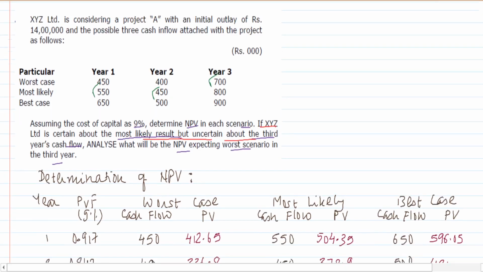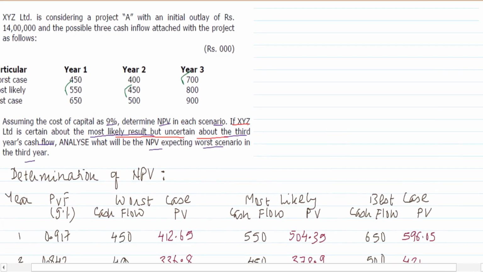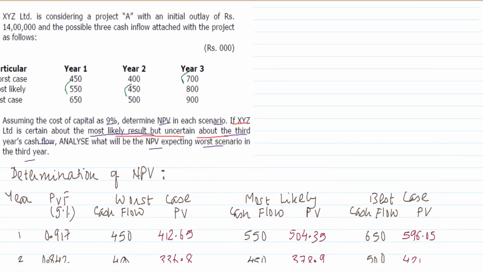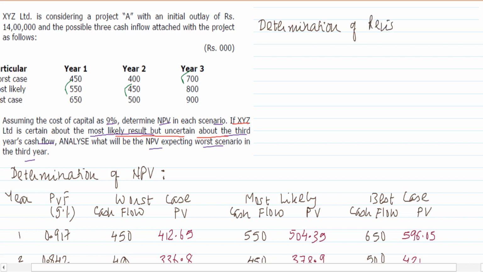Fine, we can work out what will that NPV be. You will do below what you have already done, but I do have space on the side, so I'm doing it over here. I'll say determination of revised NPV.